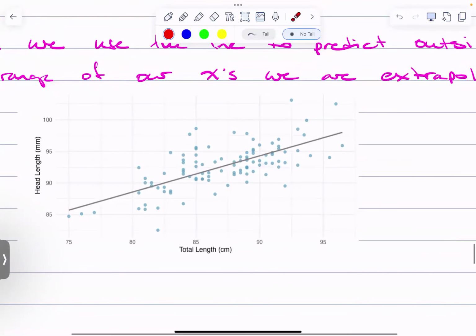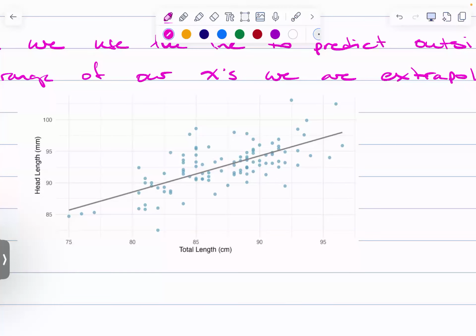This line is really only useful in this stretch, 75 to 95-ish. And so, of course, the line keeps going and going. And we can still, if we're not careful, make predictions outside this range, right?